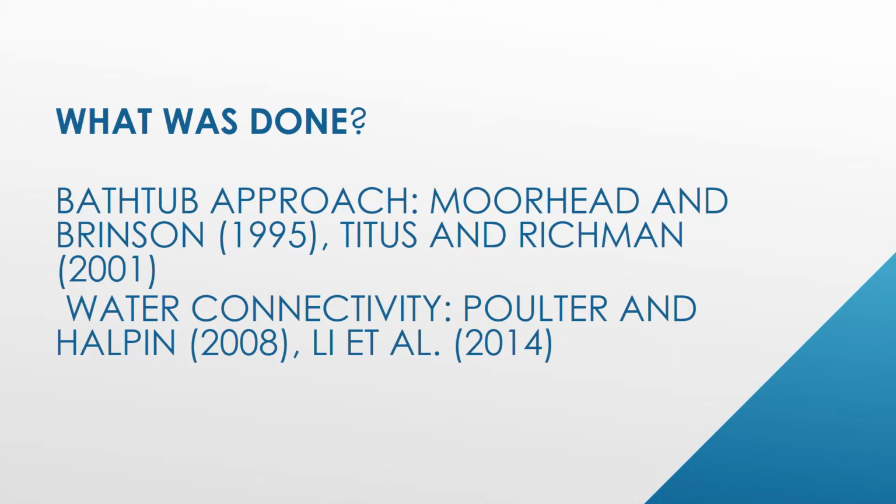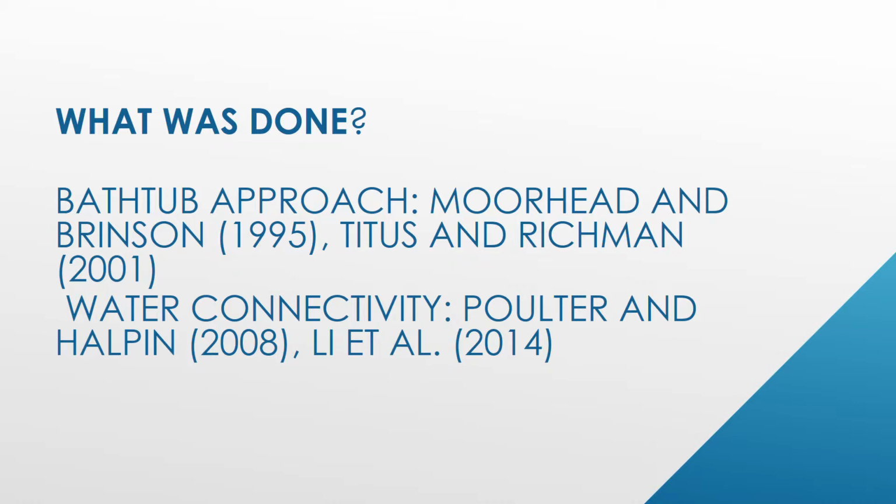In the bathtub approach, any land cell that has an elevation less than or equal to the sea level rise is considered to be flooded or potentially can be flooded. So the bathtub approach doesn't consider water connectivity.